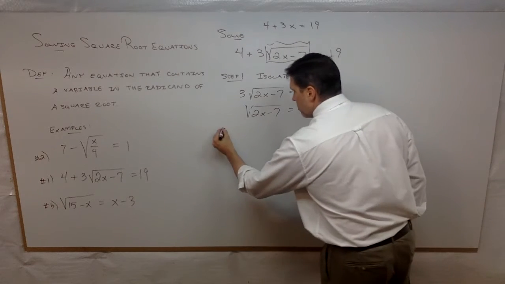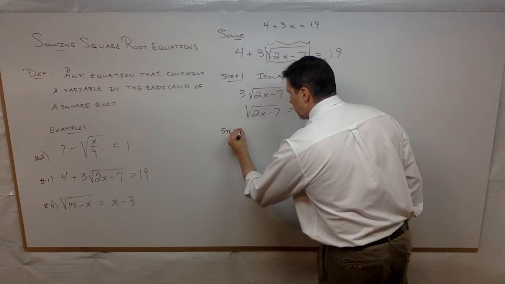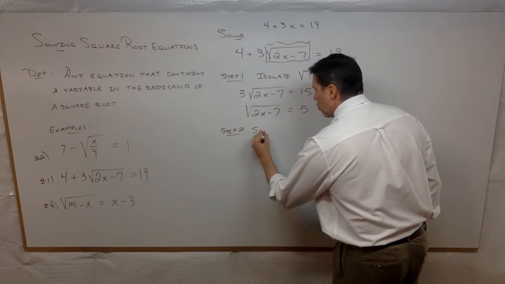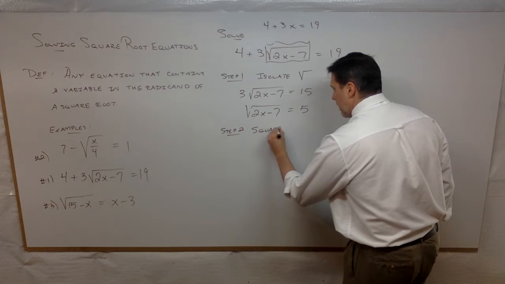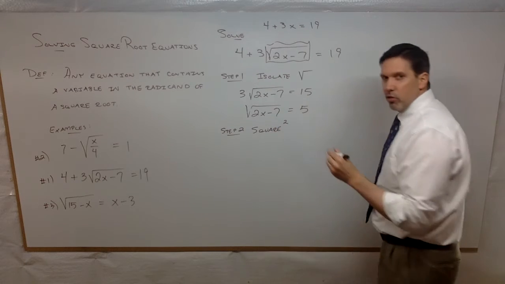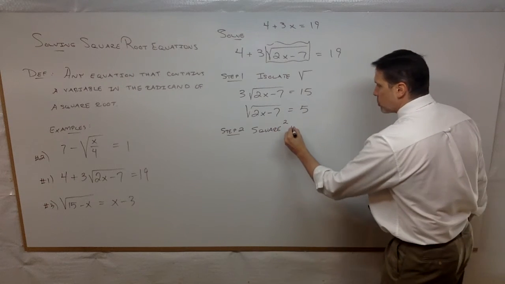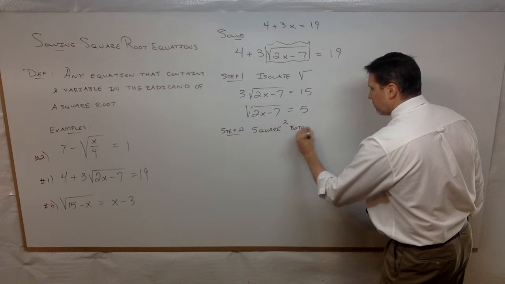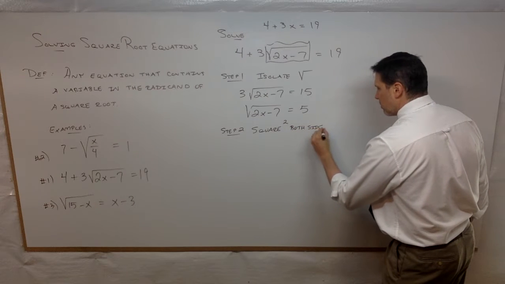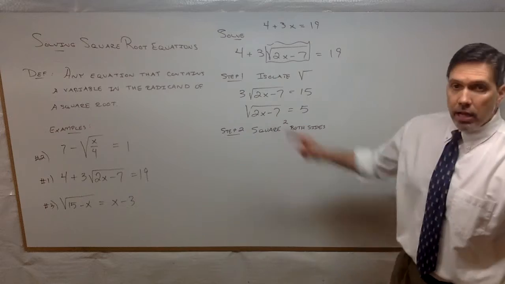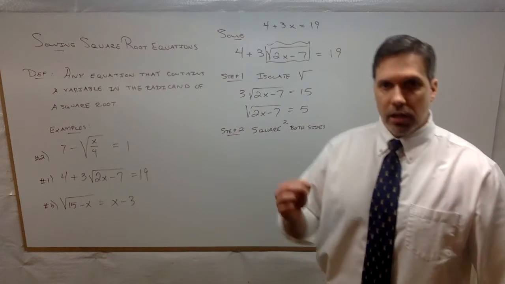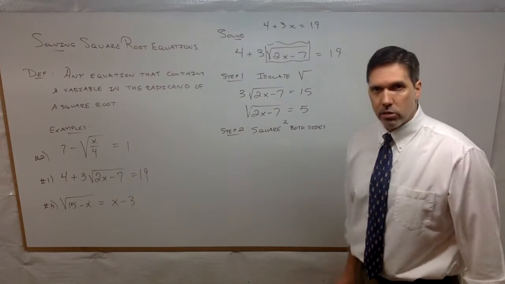Step 2, huge step. Square. Again, I'm referring to a power of 2. Square both sides of the equation. That's going to get rid of our square root. When you square a square root, they cancel each other out.